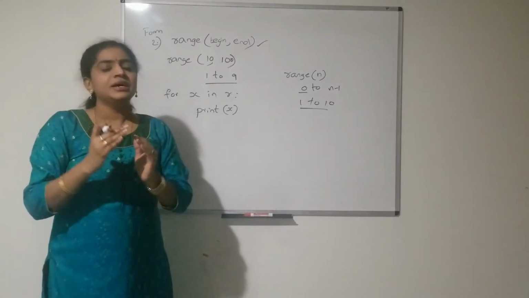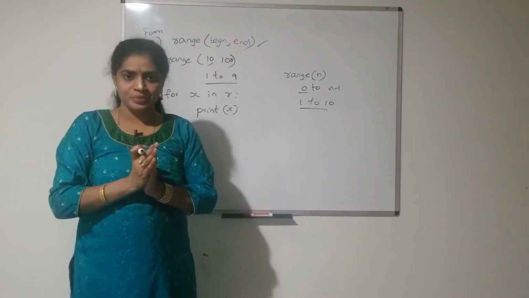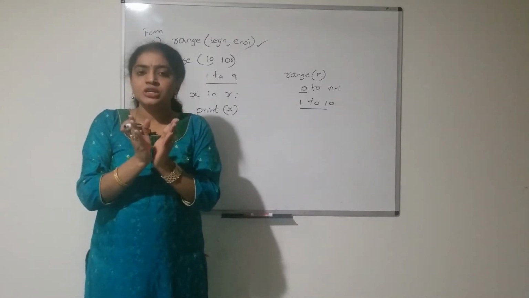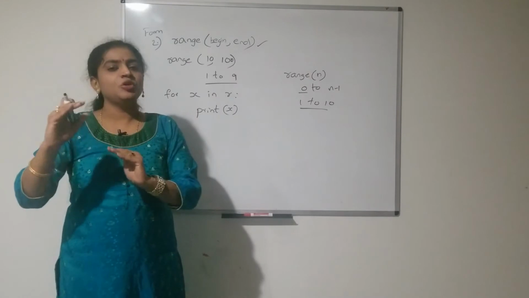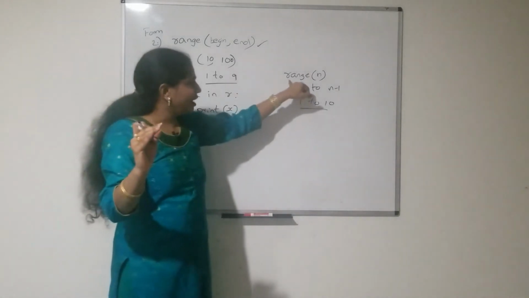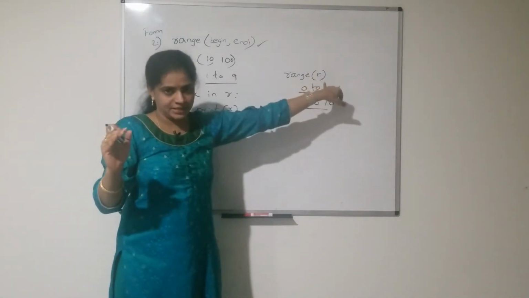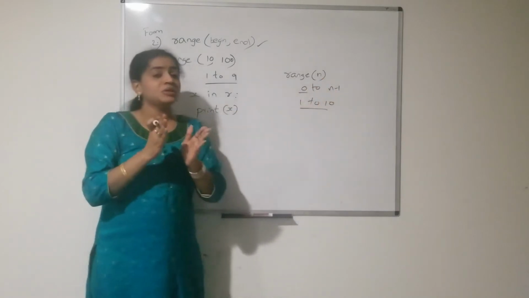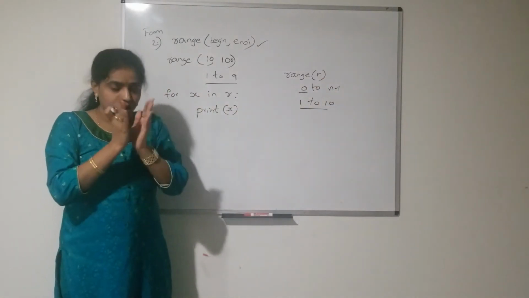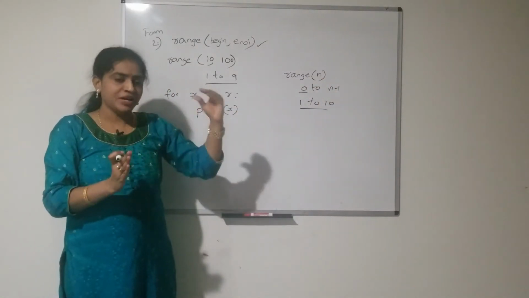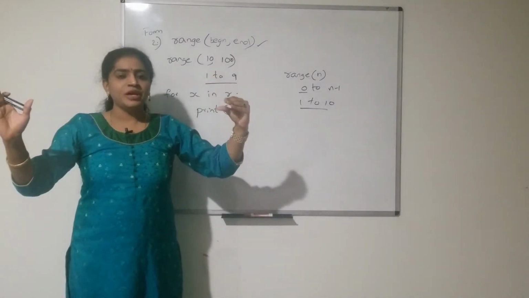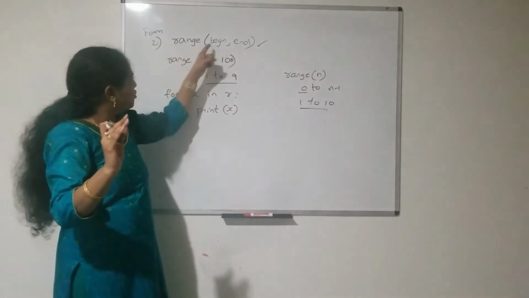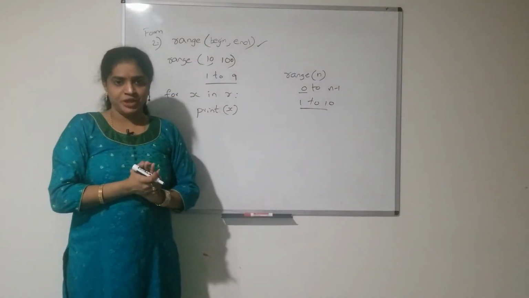By default, if I want to represent the numbers from 0 to n minus 1, then I have to go for this syntax. Suppose I want to give some specific number, that means my range should start from this number to this number, not from 0, then I have to go for form 2 representation.